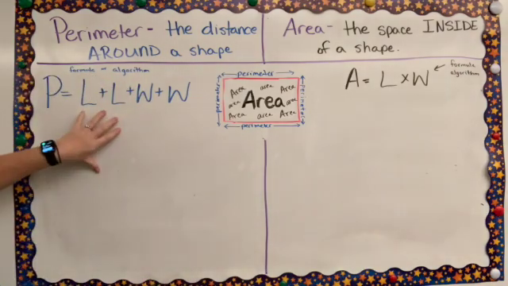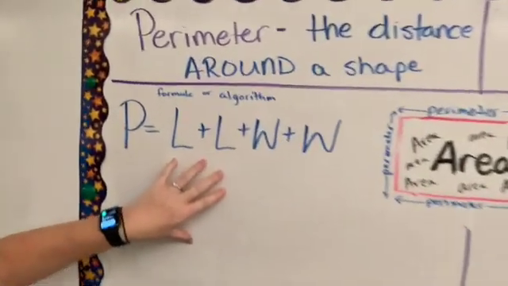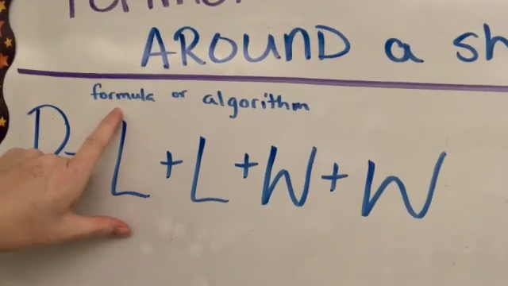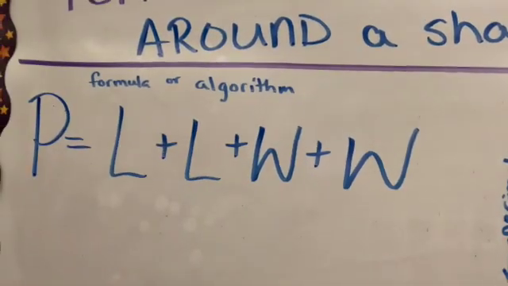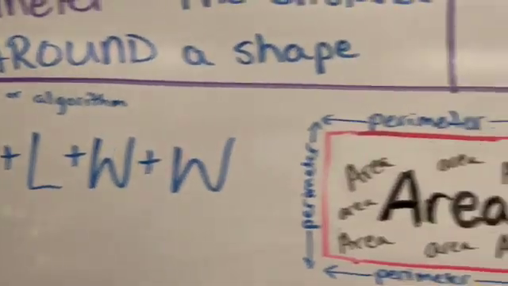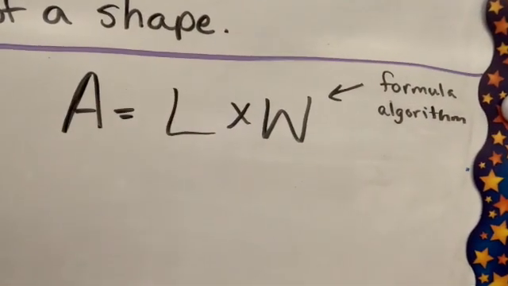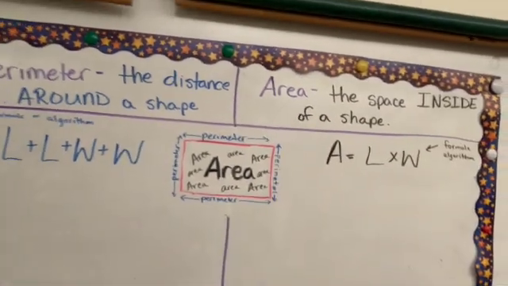I have also included the formulas or the algorithm, and I know that word is written very, very small there for you to see, but I wanted to tell you that this is the formula, or it's also known as the algorithm, for perimeter. And the same thing over here, that is the formula or the algorithm for area.